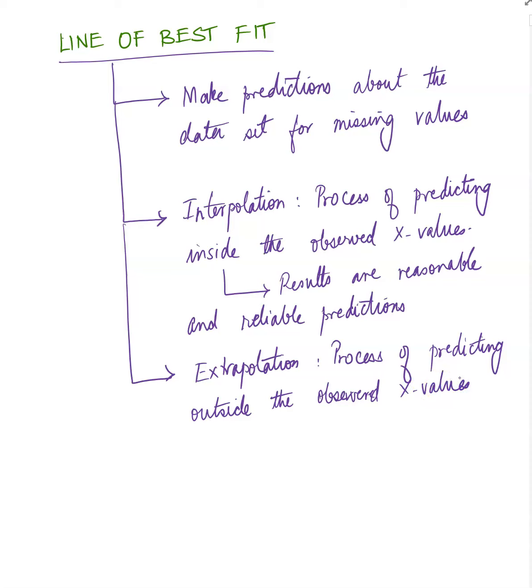And you can have two types of problems that come from this. Because you're going outside the observed values, the results could be less reliable but reasonable.